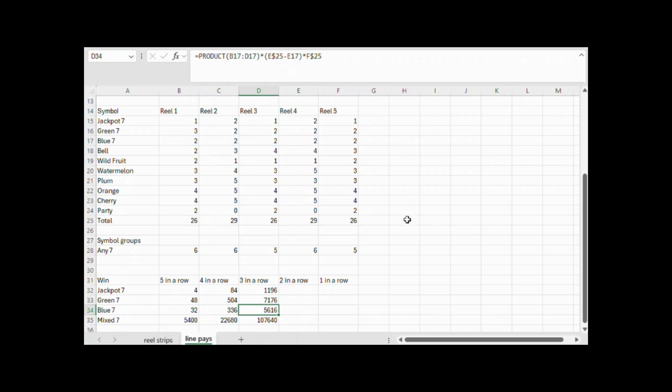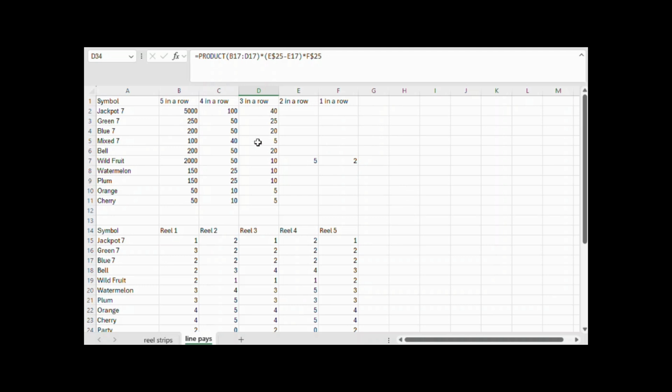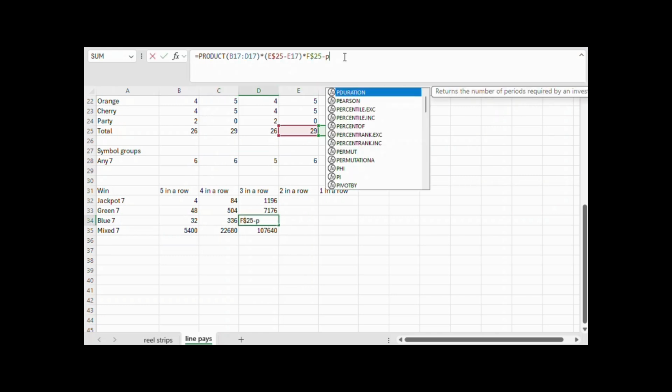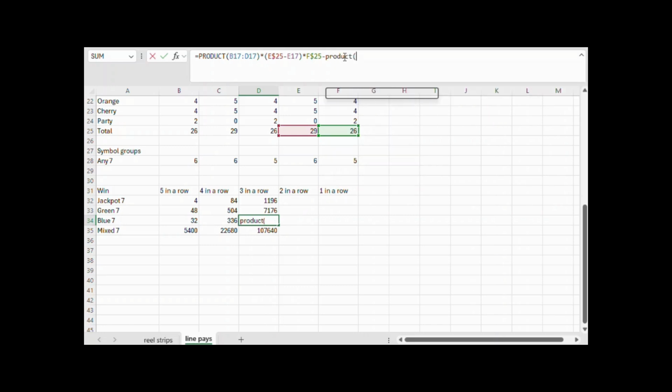And for 3 blue 7s, if the player got a blue 7, blue 7, blue 7, and then another type of 7 on reel 4, he would get paid more for the 4 mixed 7s. So we need to subtract out those combinations that we were previously double counting.